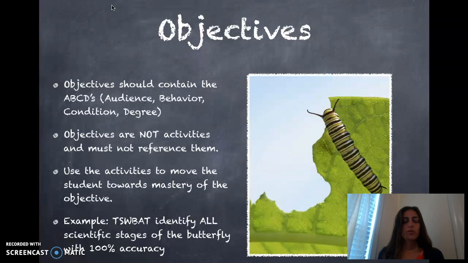Students will be able to identify all scientific stages of the butterfly with 100% accuracy. You don't necessarily have to have 100% accuracy, depending on what you want as their end goal. If you are deciding on the low capacity for a foundation, it's really important to be very specific.